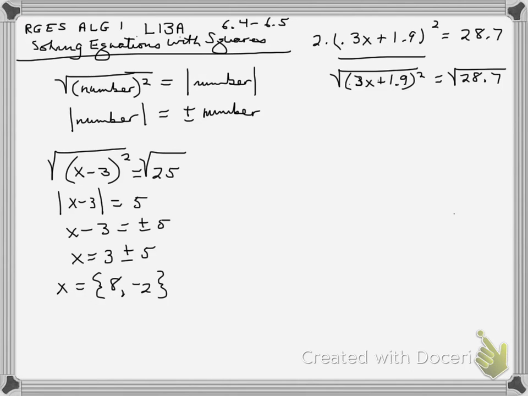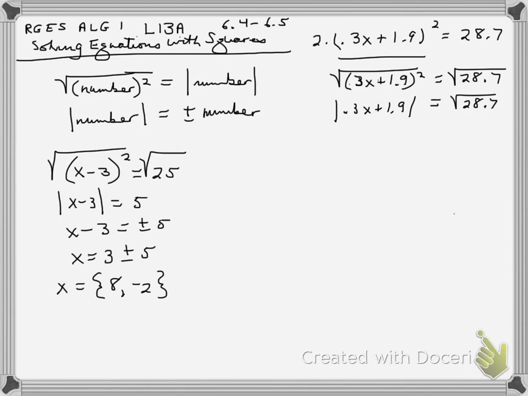Now the next phase is to take the square root of something squared. We change that into the absolute value of 0.3x plus 1.9. Well, we'll just go ahead and keep it like that.